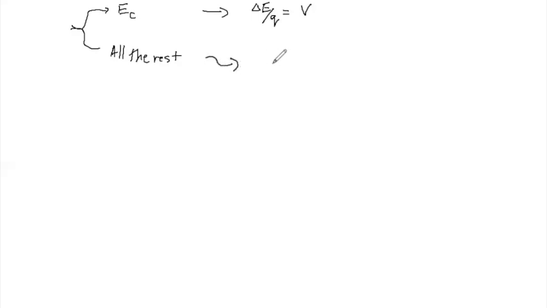And for these, you can think of it as the work done on each bit of charge by the rest of the stuff. So sometimes people will write the work done by the stuff divided by the charge. And the name for that amount of energy per charge is the EMF, written with a script E.